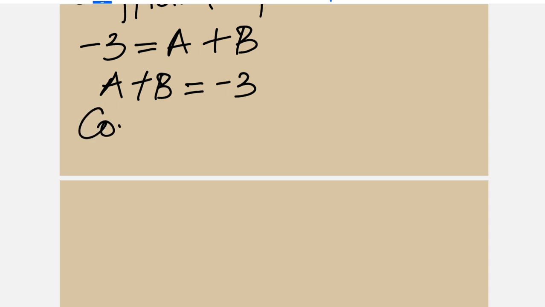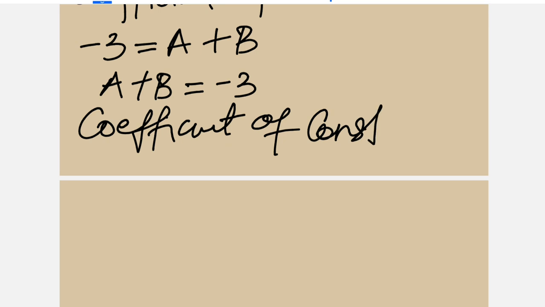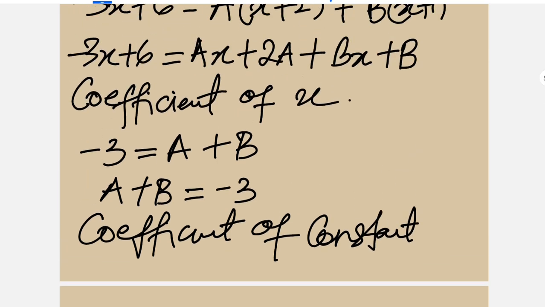Coefficient of constants. If you find the coefficient of constant, you see that c is constant, 2 is constant, and b is constant.